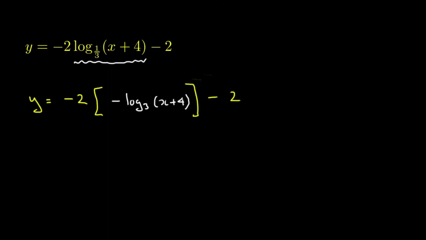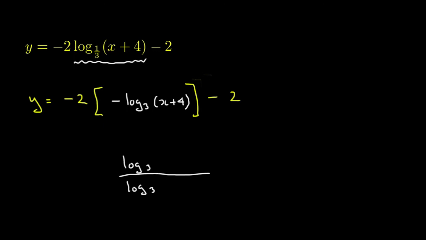Now, incidentally, you could use your change of base formula here. Maybe that's a little bit easier. You don't have to memorize this little trick of the trade. If we want to switch from base 1/3 into base 3, we're going to have to stack a couple of logs on top of each other using the change of base formula, going to the base that we prefer here, an integer instead of a fraction.